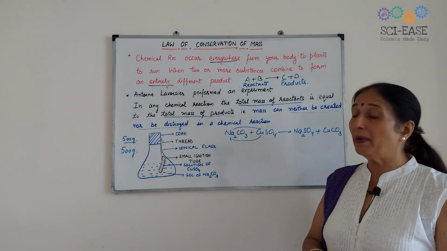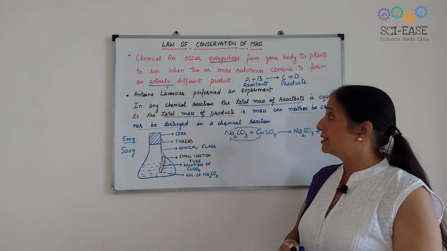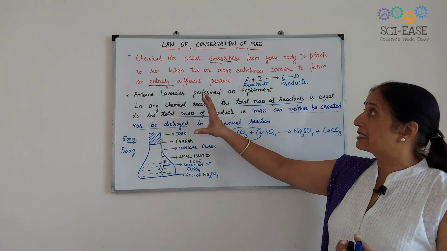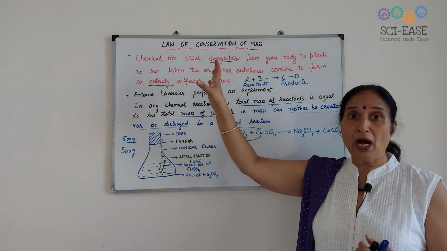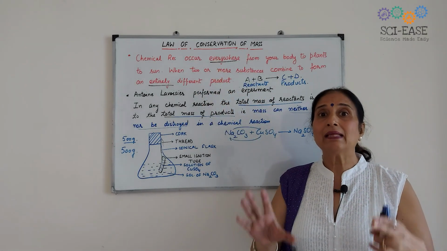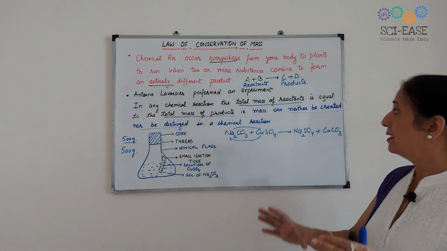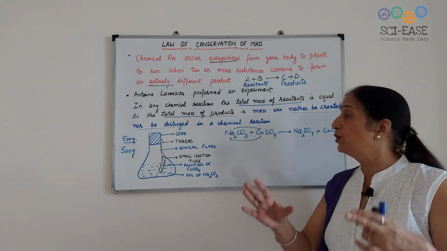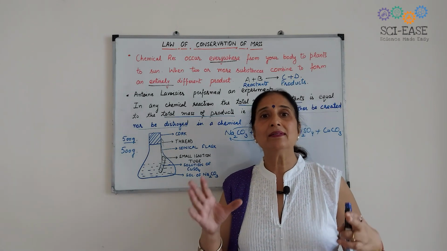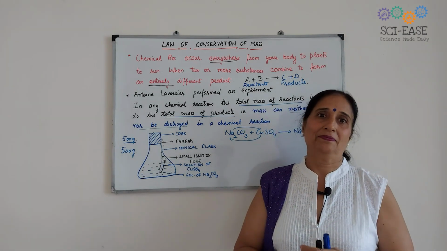So this is a very big contribution by Lavoisier, that he has given this law of conservation of mass, which means that mass can neither be created nor be destroyed in a chemical reaction.